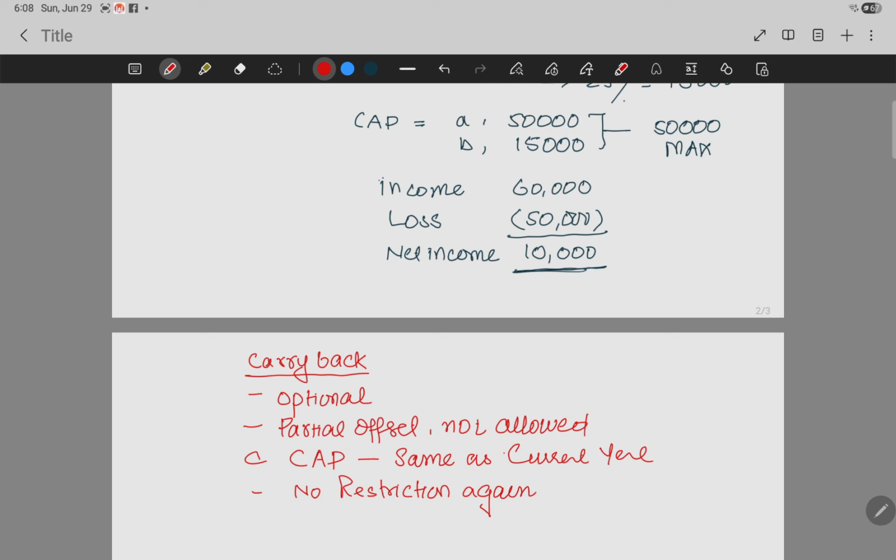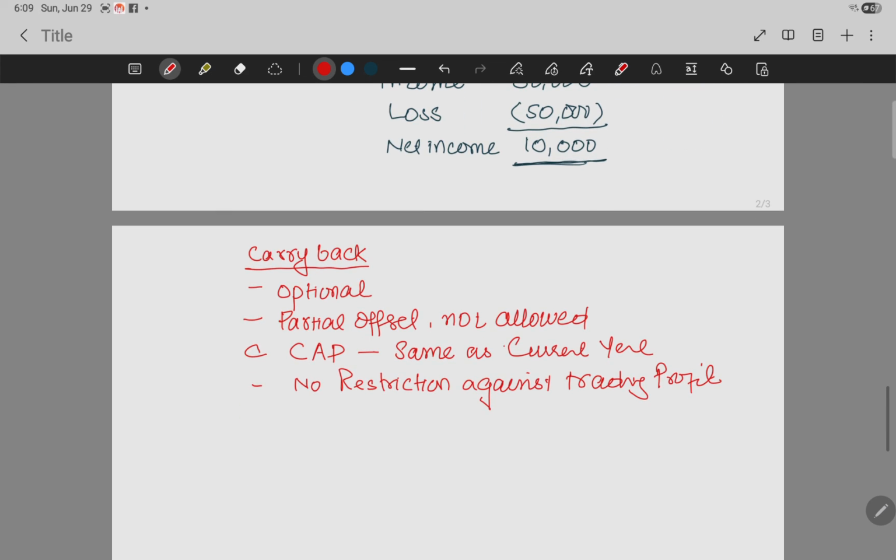Means in the last year, if you have trading profit available, you can offset as much as possible against that trading profit. But for other income, there is a restriction, and that restriction, we have already discussed, is that you have to follow the cap requirement. You can carry back only 12 months. You cannot go beyond 12 months. This is also restricted.